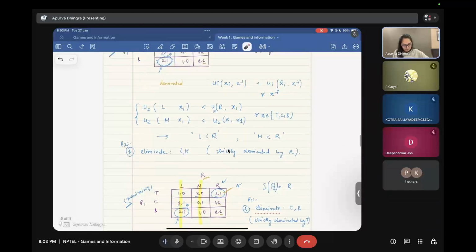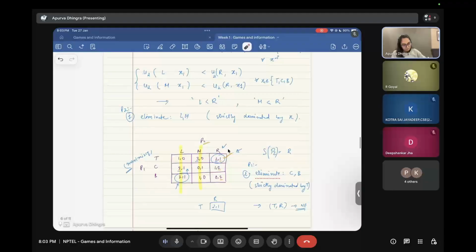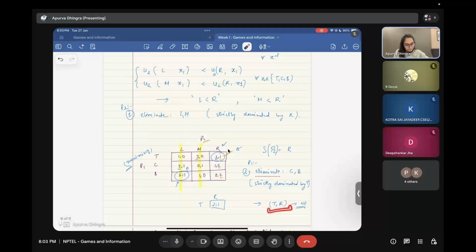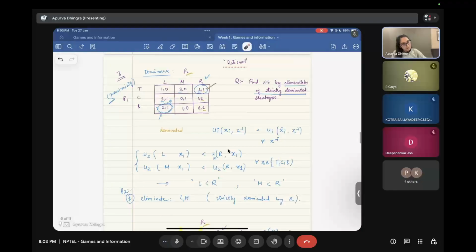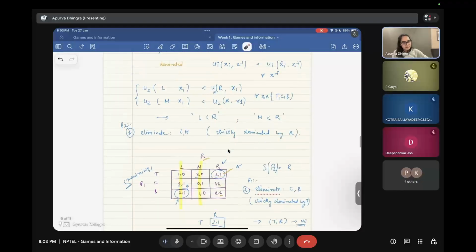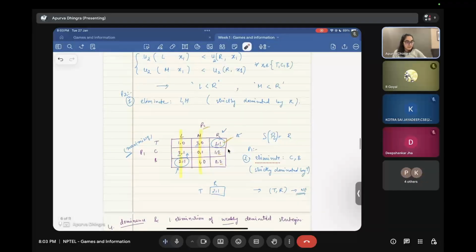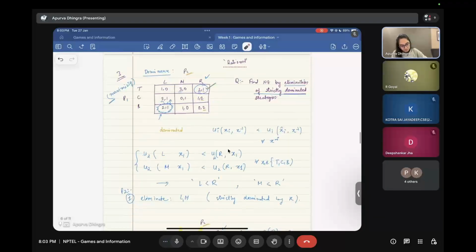So we took an example of that, and we saw that if we eliminate them one by one, we end up with a Nash equilibrium, and it goes exactly according to the theorem that we saw, that if there is one Nash equilibrium in the original game, that will be uniquely identified by the process of iterative elimination, and that's exactly what happened in this example. So there was only one equilibrium, which is this one, and it got identified by the elimination process.